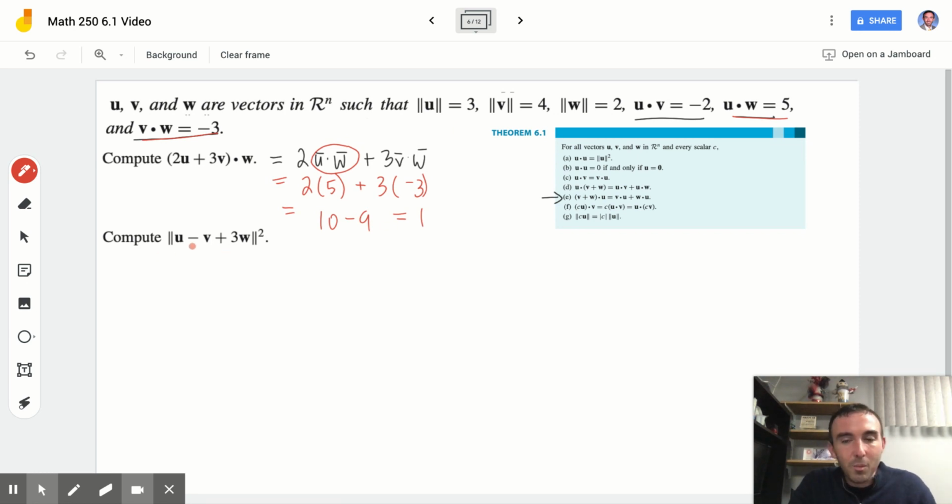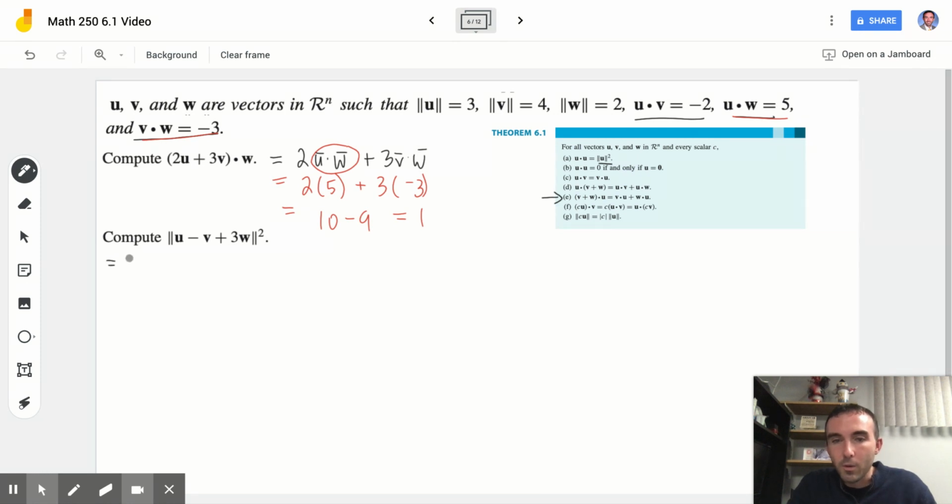We want to compute the norm of u minus v plus 3w squared. So a little bit more work now that we have 3 characters and also that we're squaring it. So the first thing we're going to do is apply property A. If I'm finding the norm of something squared, that's equivalent to multiplying the inside by itself.